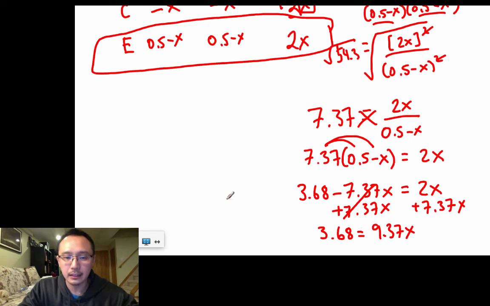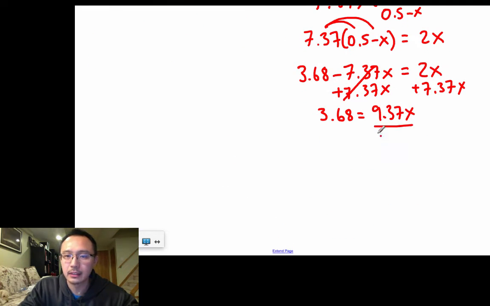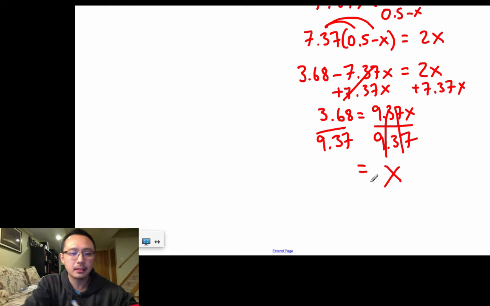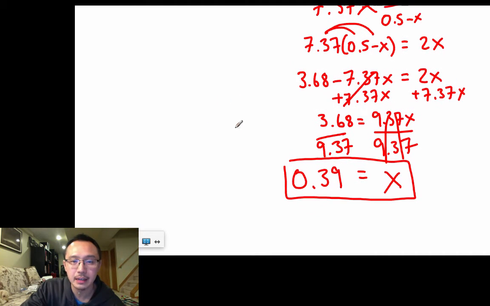The last step is coming up pretty soon, because we just need to divide by 9.37, which cancels this all out, leaving me with x, and that number on the left is 0.39. This is x, and to calculate the concentration we now have to look back up.